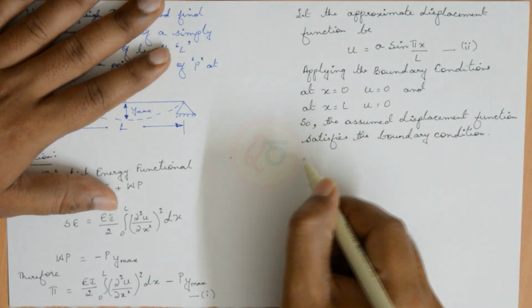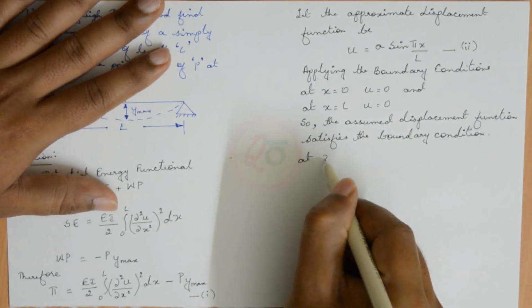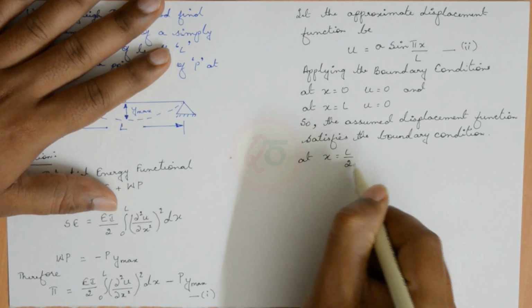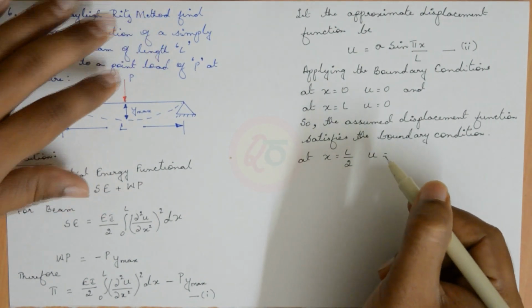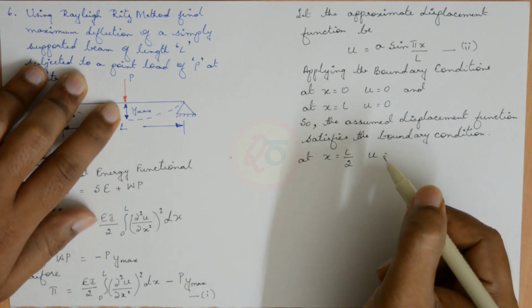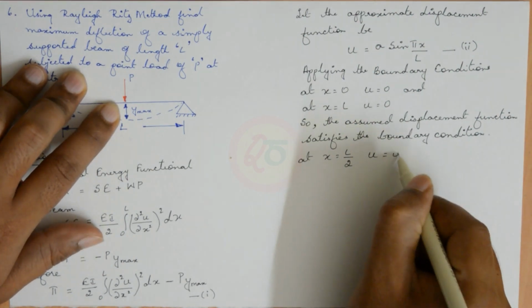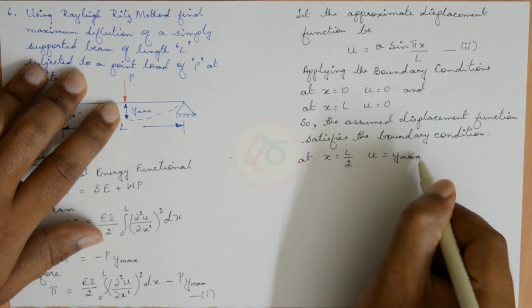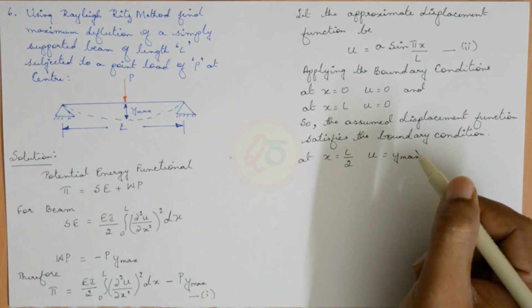Now at x equals L by 2, where the point load is acting, u is equal to y max, which is the maximum deflection.